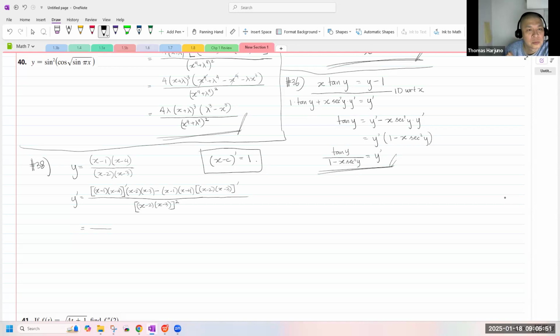Okay, now then the derivative of this guy here will be a product rule, right? It will be 1 times x minus 4 plus x minus 1 times 1, times x minus 2, x minus 3, minus x minus 1, x minus 4 times the derivative of this guy.